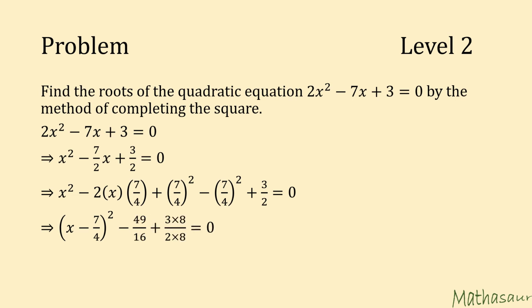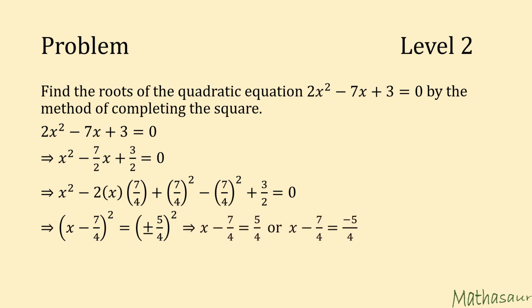Let us take LCM. And we get x minus 7 by 4 whole square is equal to 25 by 16. Let us take square root on both the sides and simplify. We get x is equal to 3 or x is equal to 1 by 2.